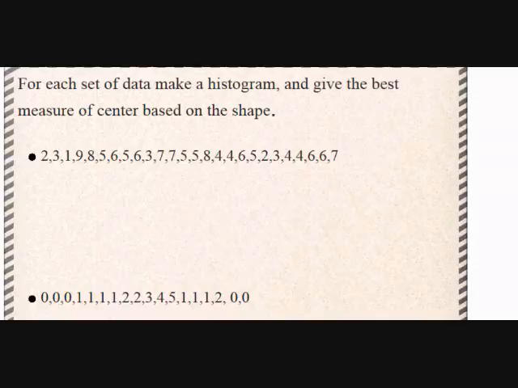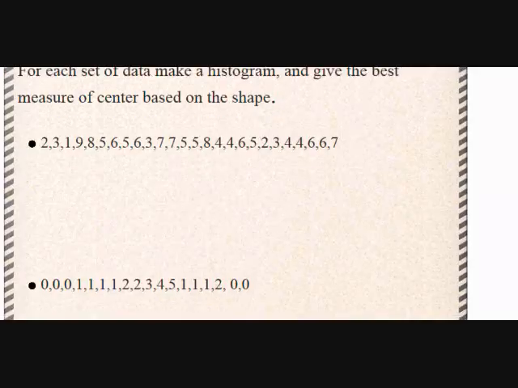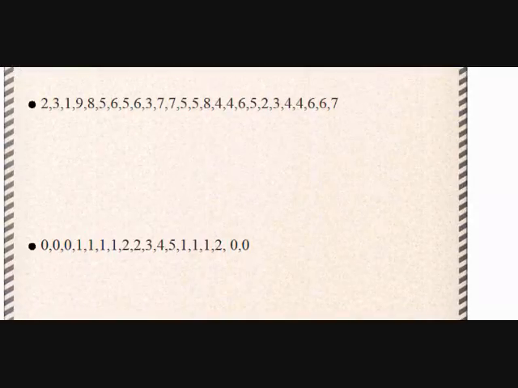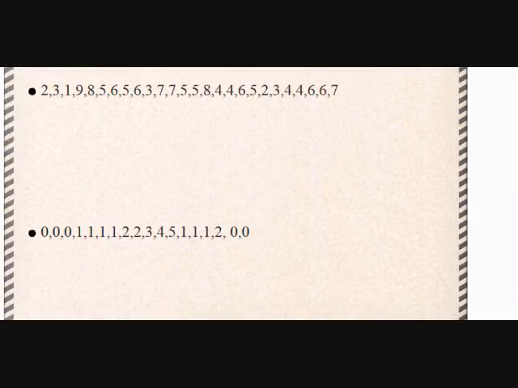Okay. All right. I am going to quickly analyze a set of data and decide what its shape is and what measure of center I should use. Okay? The quickest way, you can make a histogram. I'm going to go a little quicker with this and make a dot plot. So I look at my data and I see 2, 3, 1, 9, 10.